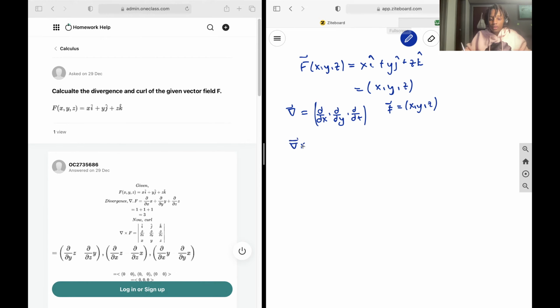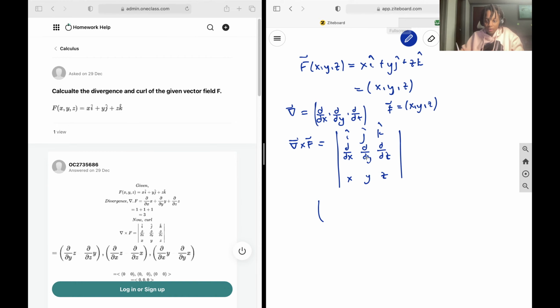So the curl is the cross product between the two, and this is simply going to give us, let's write it down at the bottom here.